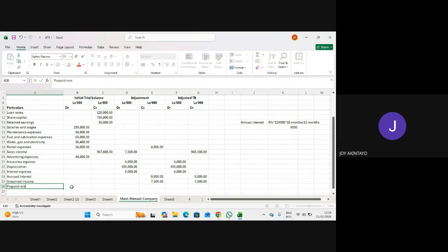Our prepaid rent is an asset. So you come here, then you say 4,000 naira. So the balance here, our rental expense for the period, will be how much? 20,000 naira.